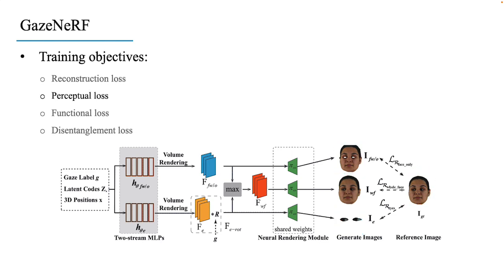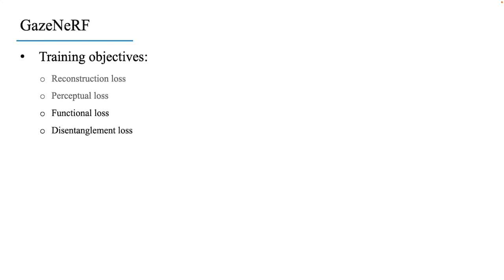Similarly, we employ the perceptual loss between the generated images and the reference image or masked reference image. The perceptual loss is the L1 distance between the feature maps of two inputs via a classification network. Additionally, we employ functional loss and disentanglement loss, which are inspired by the previous work, STED. Please check our paper for more details.